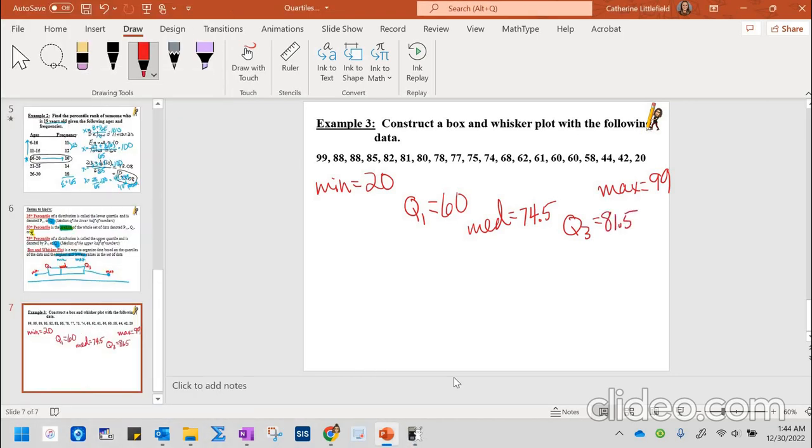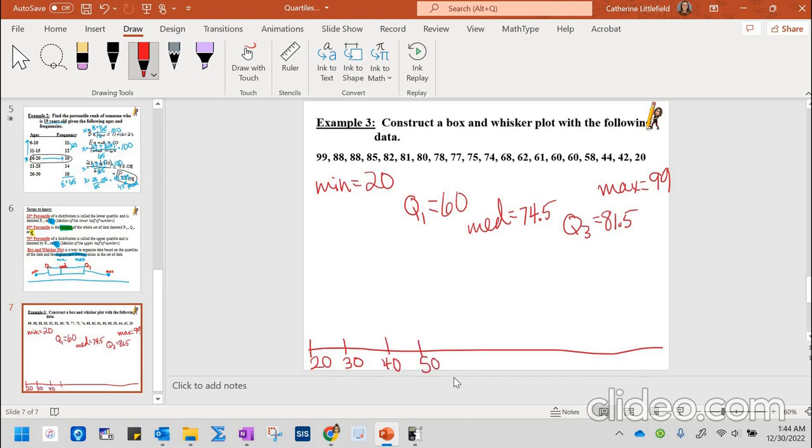So typically for our homework assignments, I'll give you a number line to go alongside for your box and whisker plot, but I didn't have one provided for me. So we will start at 20 and we'll go up by tens. Here's 40, 50, 60. I'm trying to make them spaced somewhat equally, but it's not working the best. Here's 100. Okay, so our minimum is 20, so that's a dot.